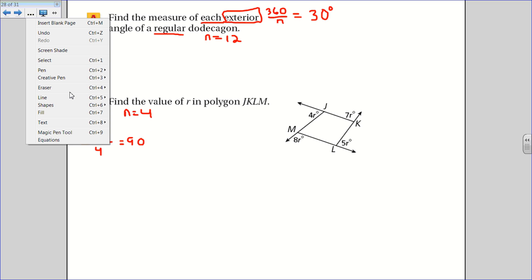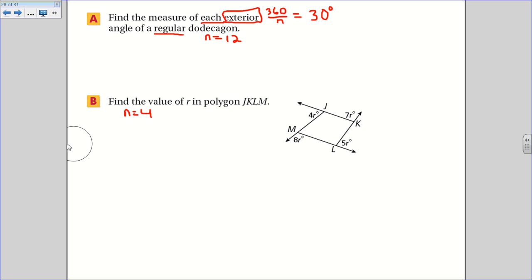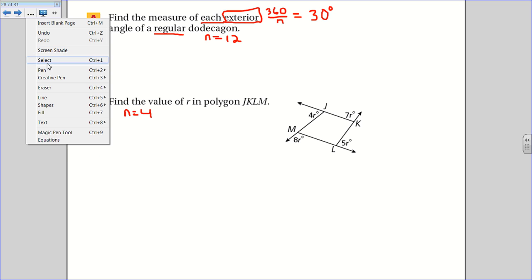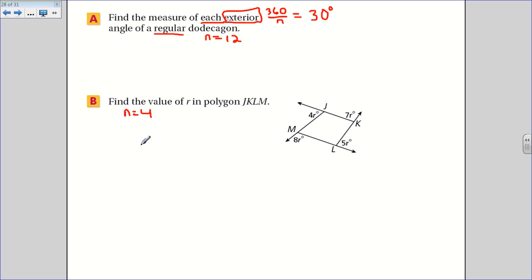So can't really use that formula. But we know that all of the angles added up, 4r plus 7r plus 8r plus 5r, have to total to, well, these are exterior angles, so it has to total 360.